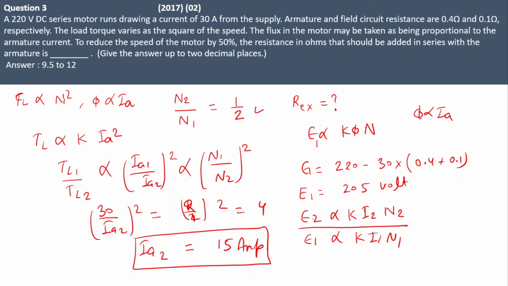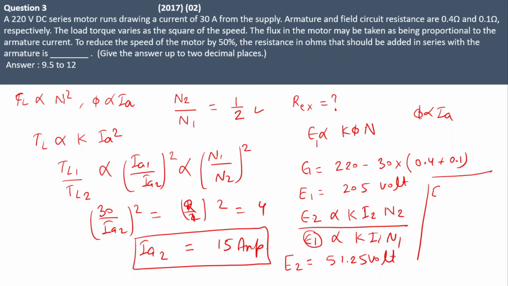So from here you will get E2, because you know E1, and you know N2 by N1, and you know I2 by I1, so easily you will get E2 equal to 51.25 volt.